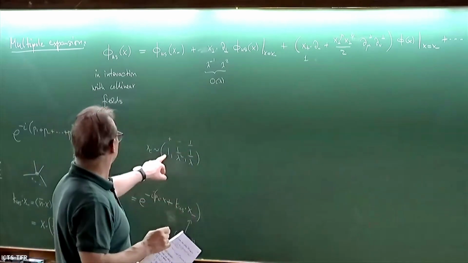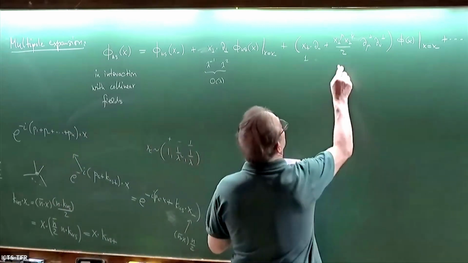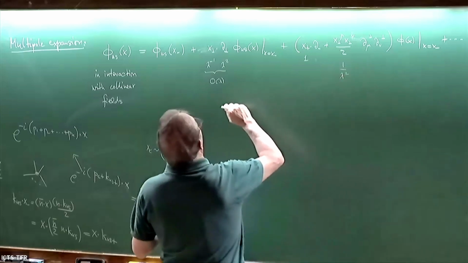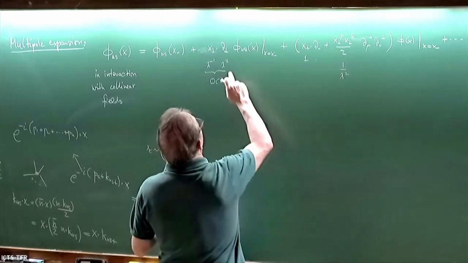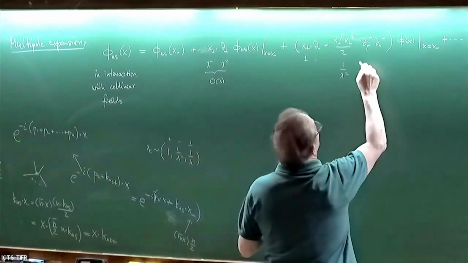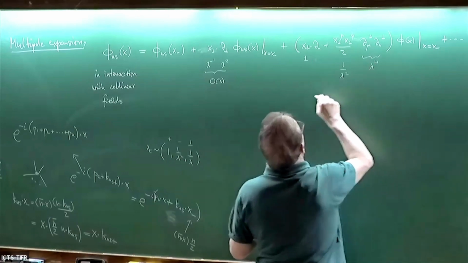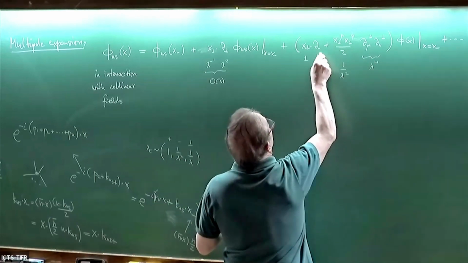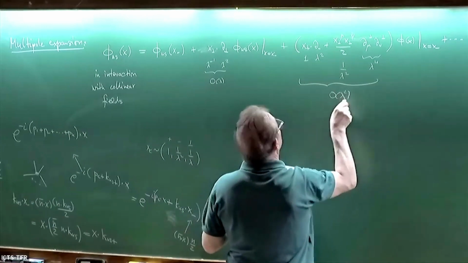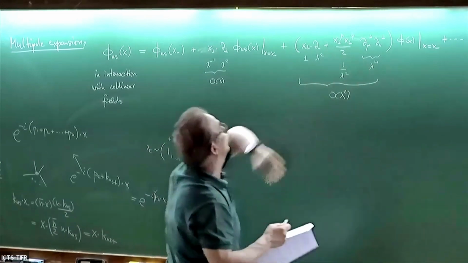So X plus counts like order 1, X perp counts like 1 over lambda. And the derivatives are derivatives on ultrasoft fields, so the derivatives always count like order lambda squared. So you see this term here is order lambda squared suppressed. So you get the leading term, a 1 over lambda correction, an order lambda squared correction, and so on.